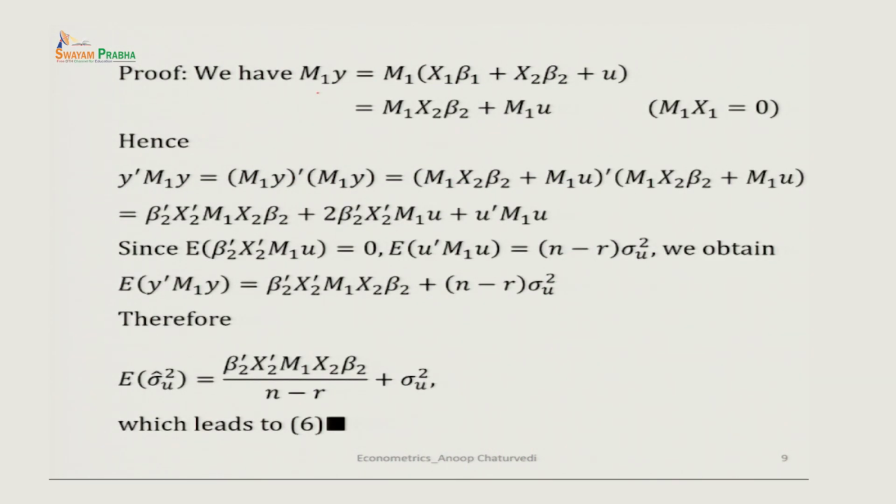Actually, we have m 1 y, where we write y equal to x 1 beta 1 plus x 2 beta 2 plus u. Then this is equal to m 1 x 1 beta 1, but m 1 x 1 is equal to 0. This you can easily verify. So, the first term vanishes, then you get m 1 x 2 beta 2 and m 1 u.